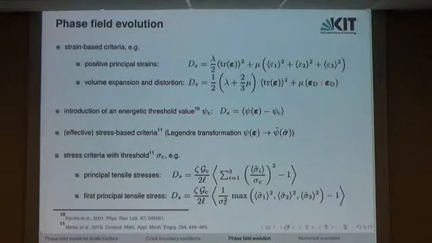By introducing an energetic threshold value, we can reduce the stiffness which is lost before failure occurs. Similar stress-based criteria can be formulated by a Legendre transformation, and finally there are attempts to formulate pure stress-based criteria.